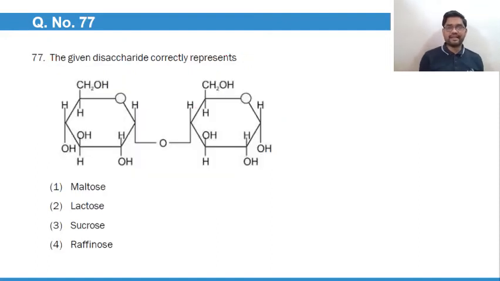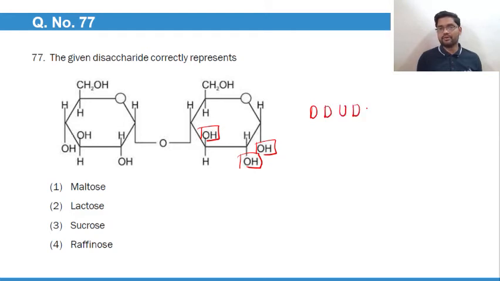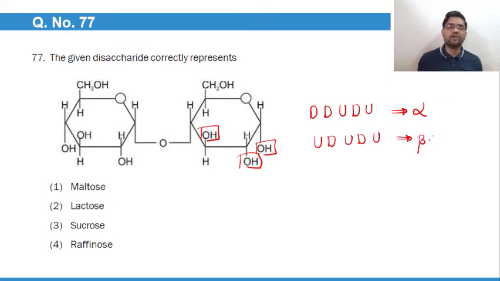77. The disaccharide is. Now if you see this disaccharide carefully, I remember this as down, down, up, down, up. If the configuration is down, down, up, down, up, it is the configuration for what? Alpha. If it is up, down, up, down, up, then this is the configuration for the beta isomer of glucose.